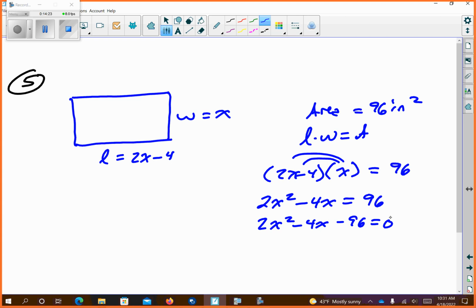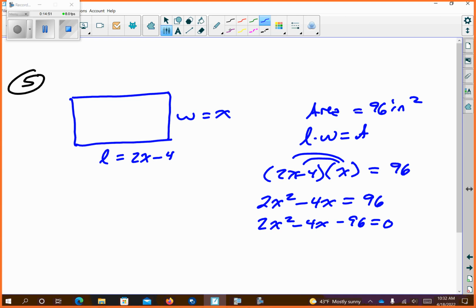Well, right now we have an a value of 2. What can we do to everything in that problem to ensure we have x squared and not 2x squared? What do you think I can do to everything here to make this just 1x squared? Yeah, if I divide everything by 2, and 0 divided by 2 is easy.